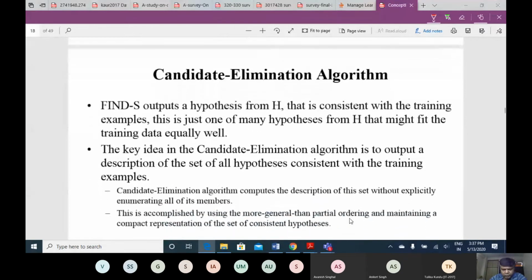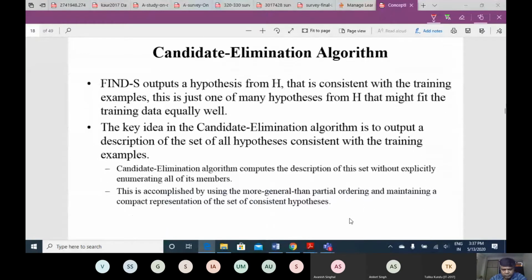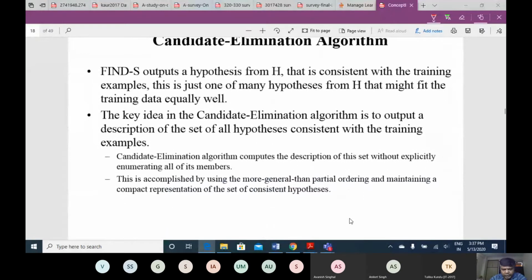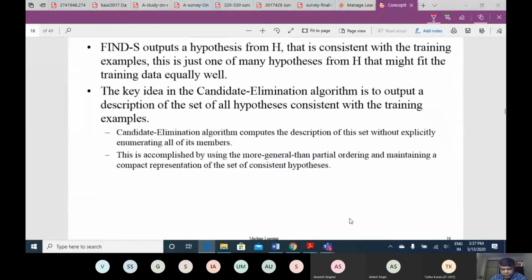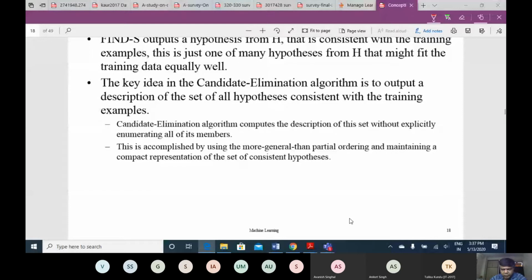Now we quickly move to another algorithm called the candidate elimination algorithm, where we will consider both positive and negative examples to construct the hypothesis which is representing the concept.